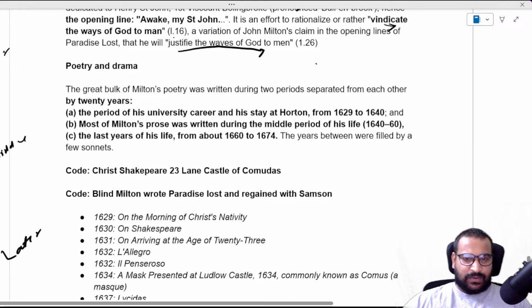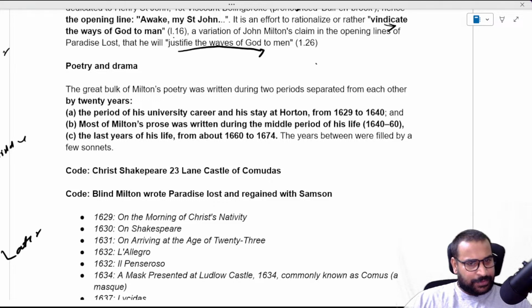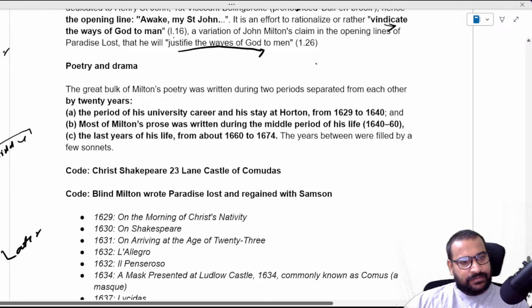In the first period, he wrote a couple of minor poems and a couple of tracts, but mostly in the middle period we find one or two sonnets at that time, and mostly prose, all these tracts like Areopagitica, On Education, and On Reformation.